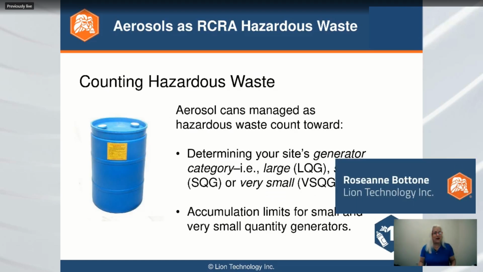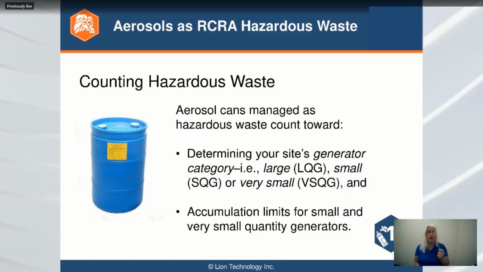are indeed hazardous waste, and you're using the first option, which is to manage them as hazardous waste, then we have to count them towards your generator category. And if you are a very small quantity generator, remember, to be a very small quantity generator, you have to generate less than or equal to 100 kilograms.